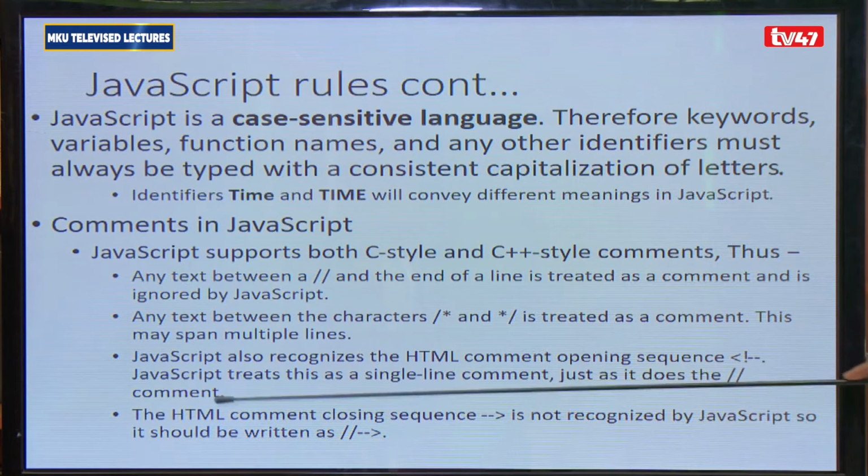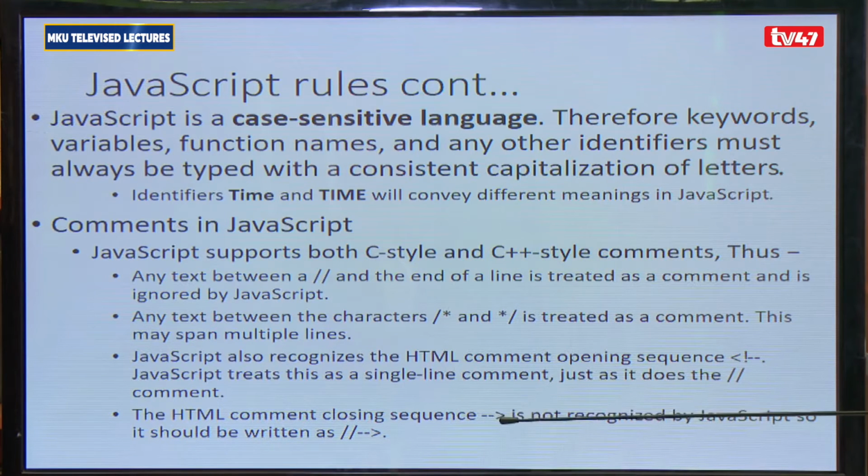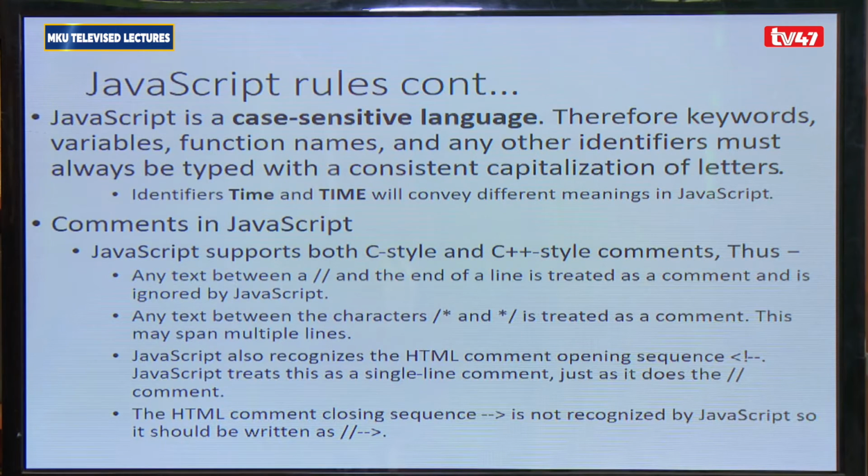Then the next one is the HTML comment closing sequence, you can close with two slashes and a greater than sign. JavaScript will also recognize it as a double slash like that, with two dashes and a greater than sign. So comments are basically supported in JavaScript like in any other programming language.